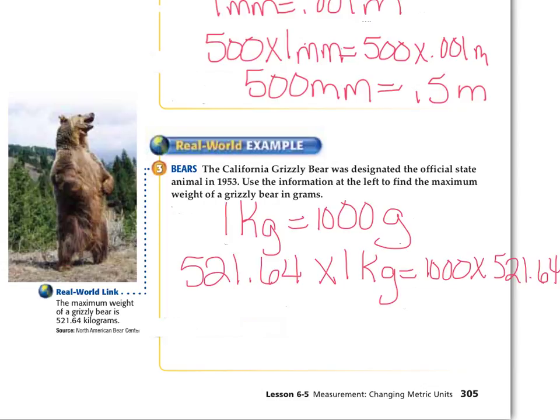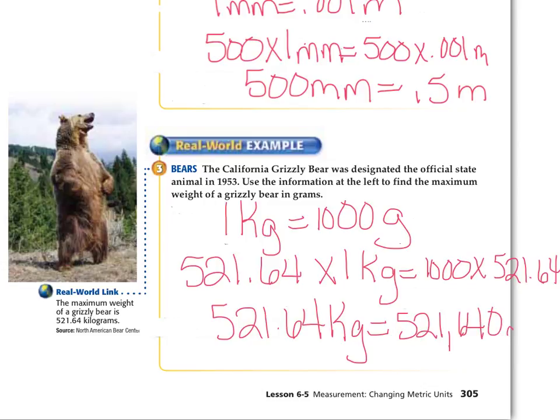Okay, so that means that 521.64 kilograms equals 521,640 grams because we just multiplied right there. Pretty easy. So the maximum weight of a grizzly bear is 521,640 grams.